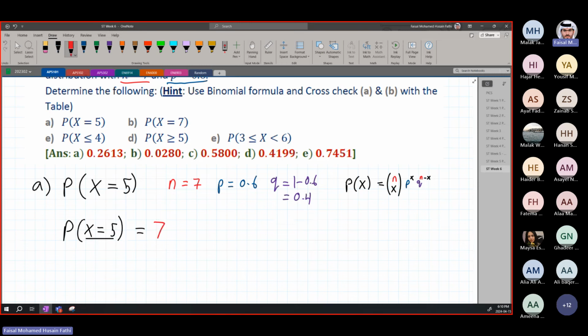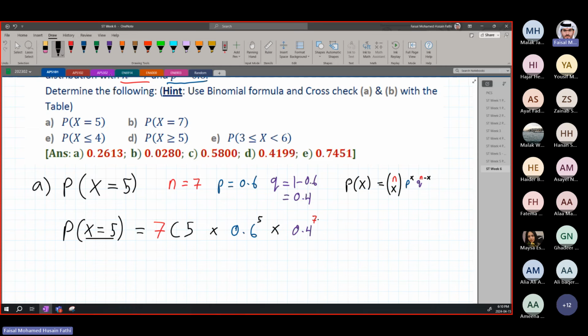So it's going to be 7 combination with x, which is 5, all right, times the probability p, which is 0.6, to the power of x, which is 5, times the probability of q, which is 0.4, to the power of n minus x, which is 7 minus 5.